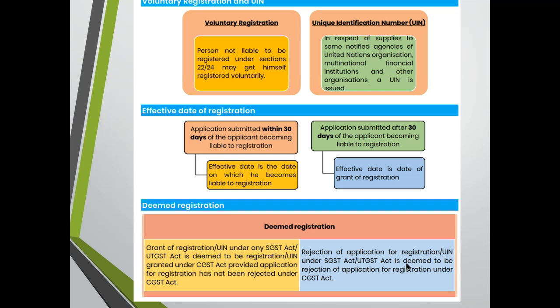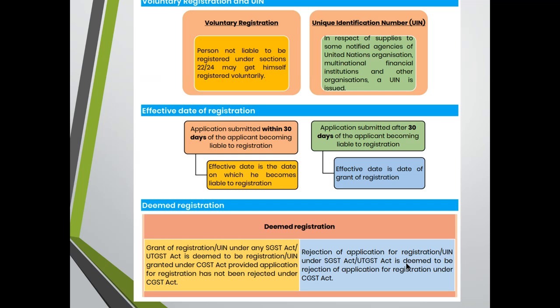Example: on 1/10/2025, your turnover went beyond the threshold limit. Within 30 days, meaning by 31/10, you would be required to apply. Suppose you applied on 25/10 and got registration on 29/10. What would be the effective date of registration? 1/10/2025 would be the effective date of registration.